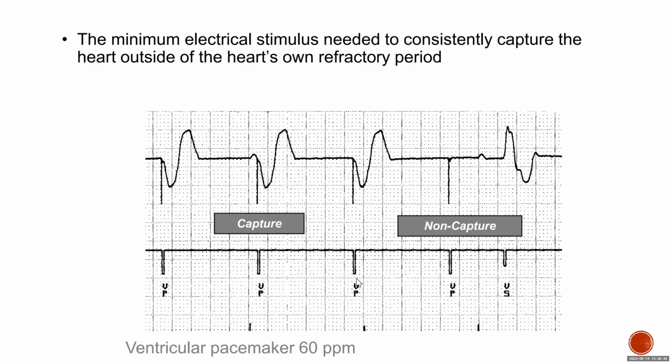So the pacing threshold is 1, and anything less than 1 will not capture. So I cannot program the device to give less than 1 volt, for example. I would give it 2 or 3 as a safety margin. This is what pacing threshold is.